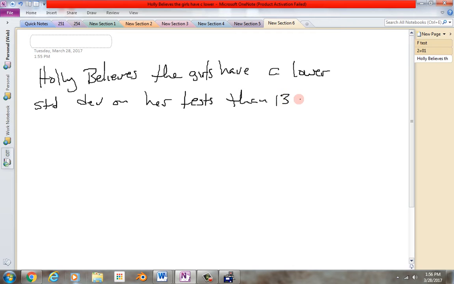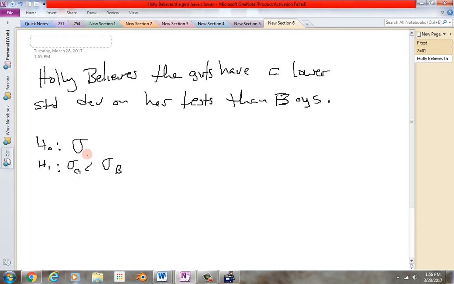And again, that doesn't mean they're better, just means they're more consistent. Okay, so that's what I heard Holly say. I heard her say the standard deviation for girls is less than the standard deviation for boys.